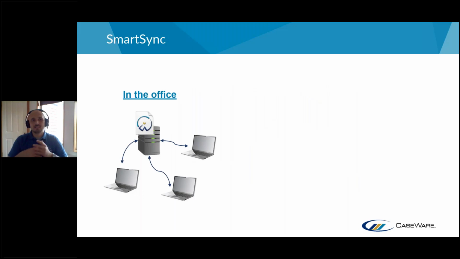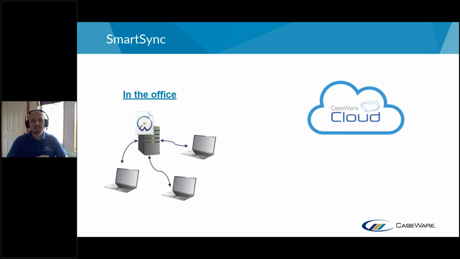Traditionally we'd be working in our office on that CaseWare file. Once we set up our CaseWare Cloud instance, we'll receive a URL, something along the lines of uk.casewarecloud.com/ and then your firm name. Once we've got that set up, and a few other bits which we'll go through during the webinar, you will publish your file to the CaseWare Cloud.